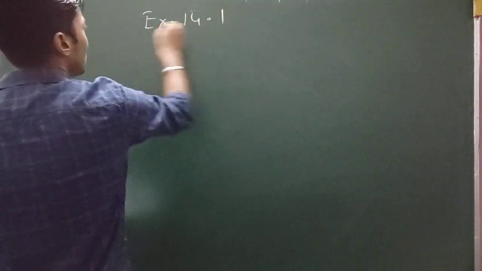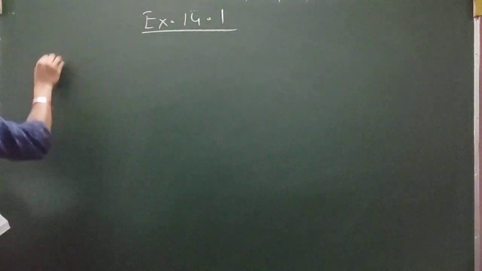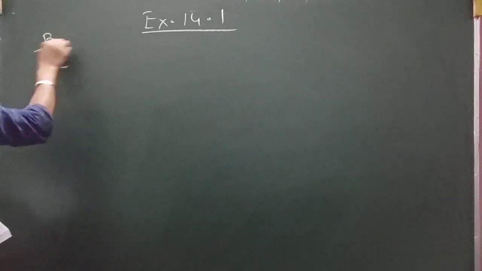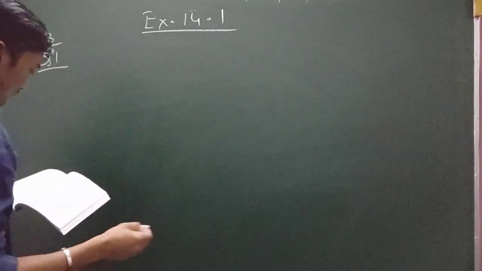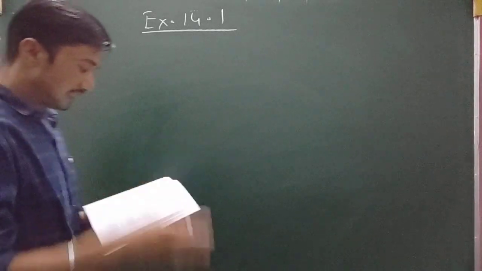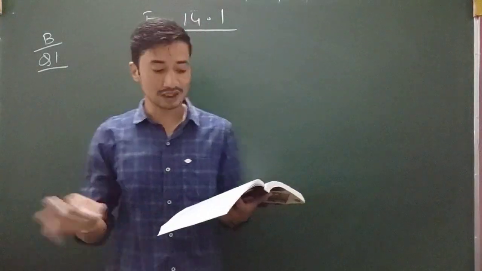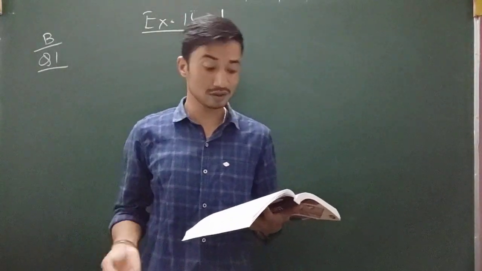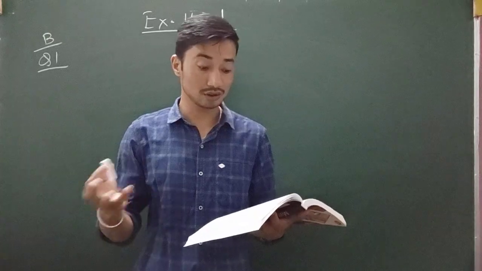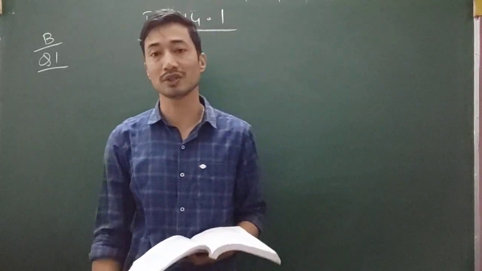Alright then, so let's start with the first question, that is exercise 14.1, very quickly. Exercise 14.1, question number 1, that's the second set, question number B1. Our textbook is slightly different, so forget about the other questions. A survey was conducted by a group of students in which a collector finds the mean. That's the main question here.